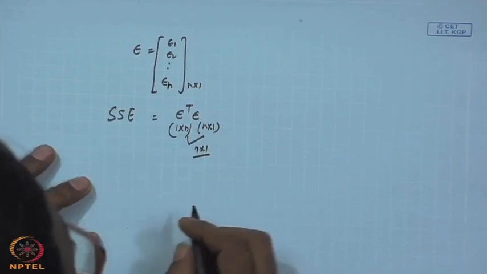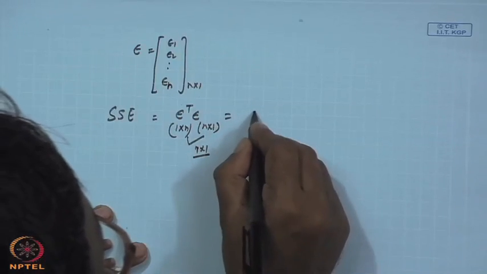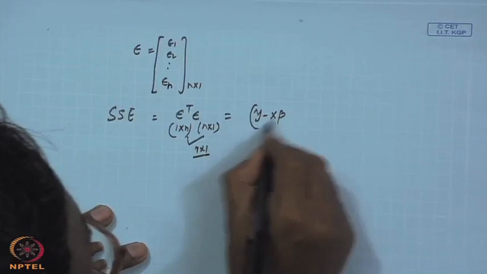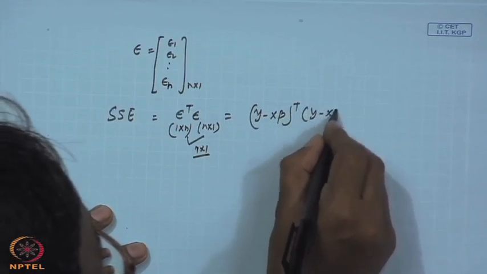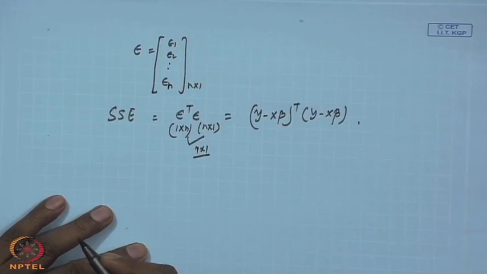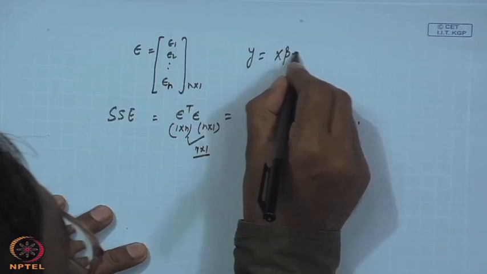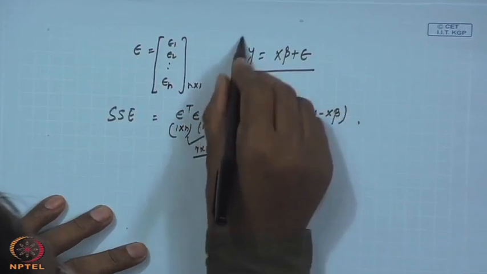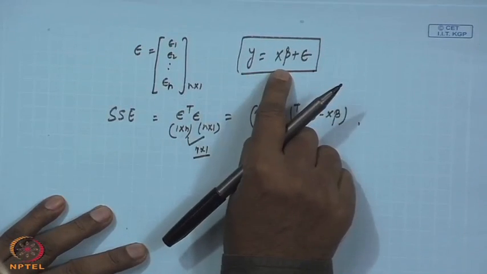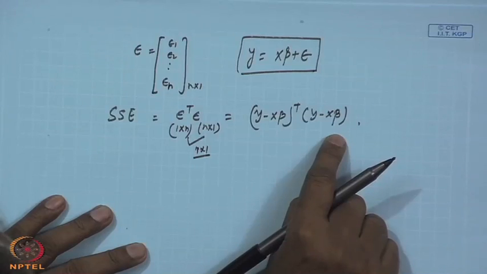If this is true, can we not write it as y minus x beta transpose y minus x beta? We can write that, because our regression equation is this. So, epsilon is y minus x beta.